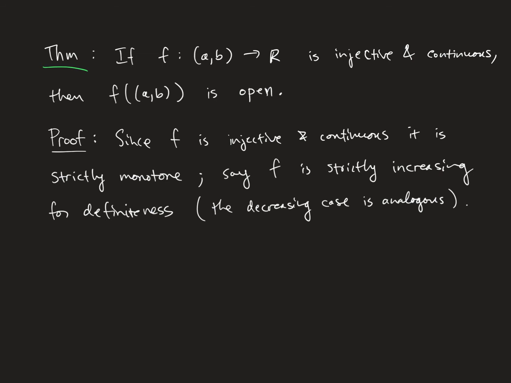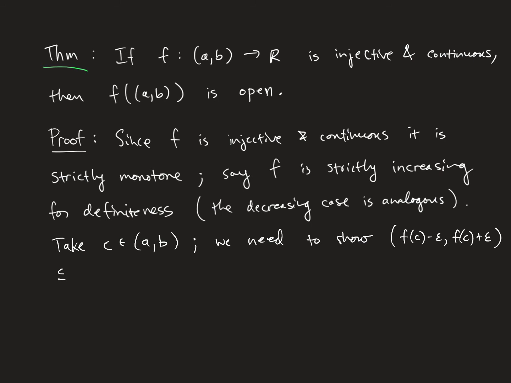So what we have, so take C in AB. So we need to show that the interval f of c minus epsilon, f of c plus epsilon fits inside the image for some epsilon greater than 0.